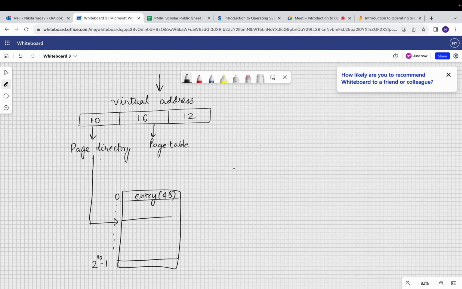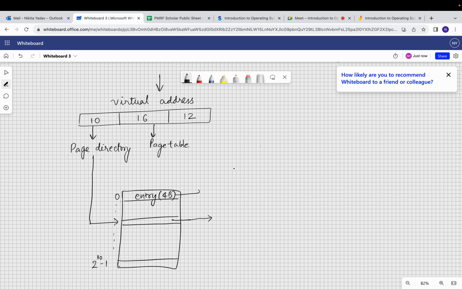Now, this entry will be an index in the page table. So this entry will tell you the page table. There will be 2 to power 10 page tables.